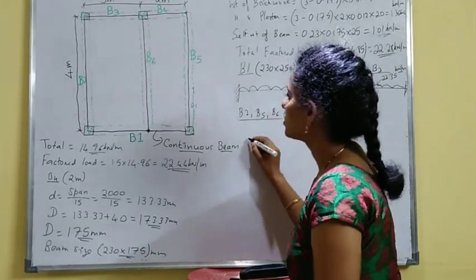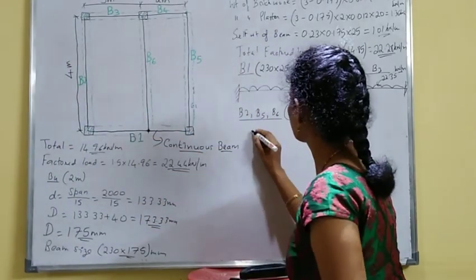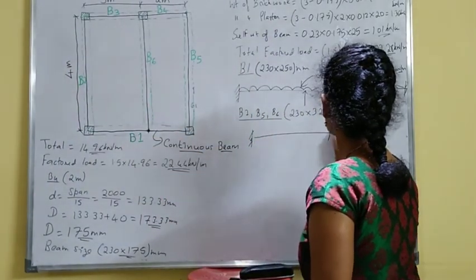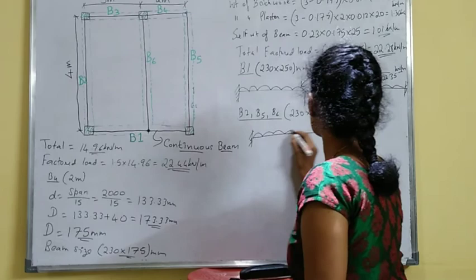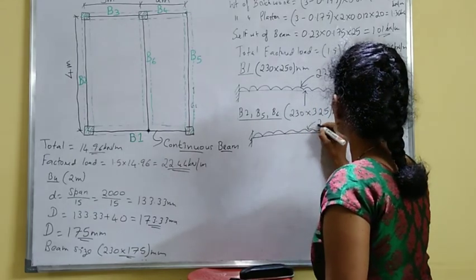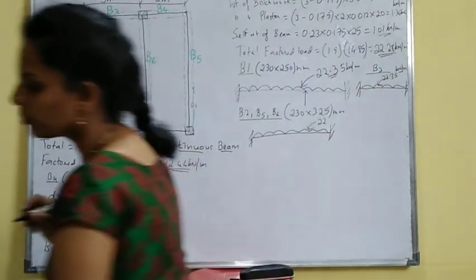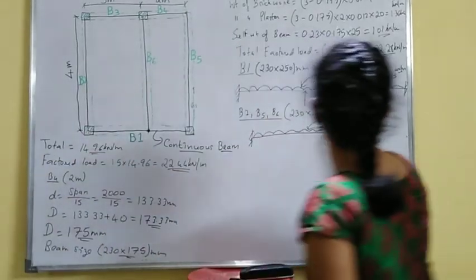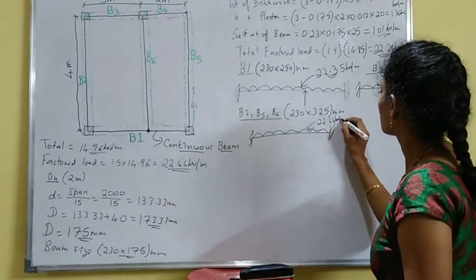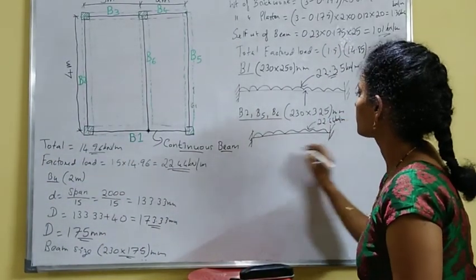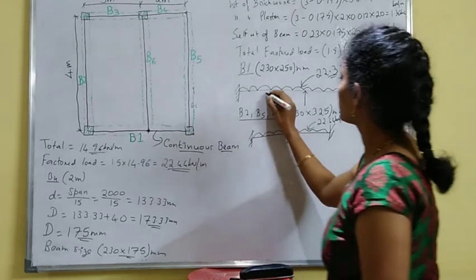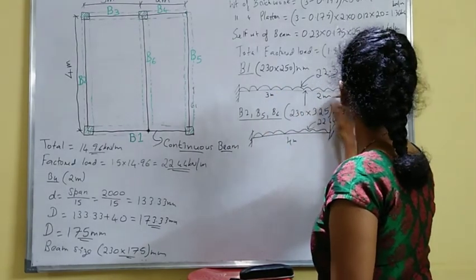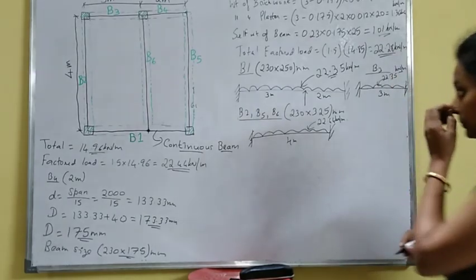Okay. So here B2 is both side fixed. Factored load is 22.44. Span here is 3 meter, 2 meter, 3 meter.